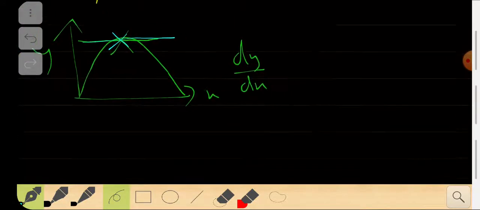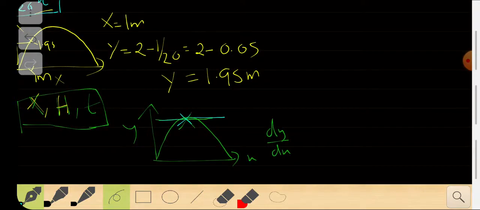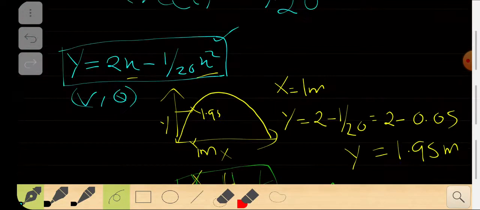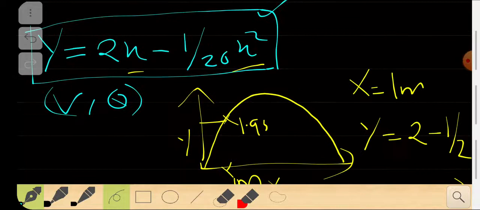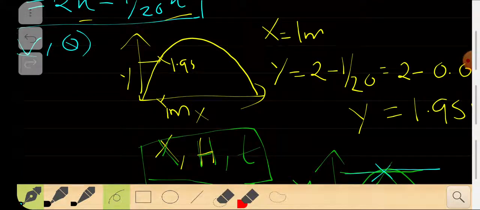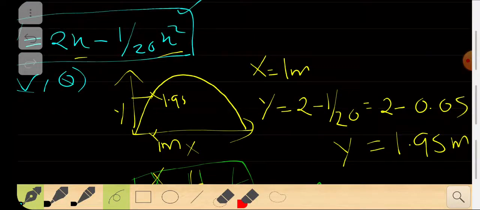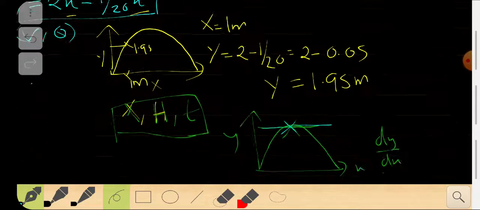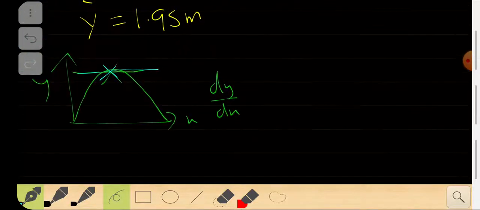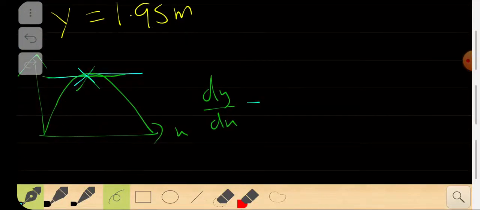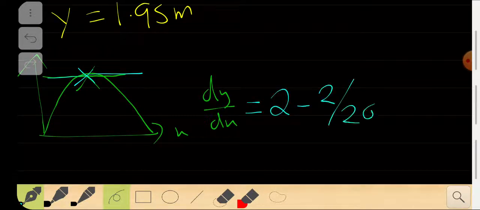For this particular problem we have the equation y equals 2x minus 1 by 20 x square. So dy by dx will be 2 minus 2 by 20 x.